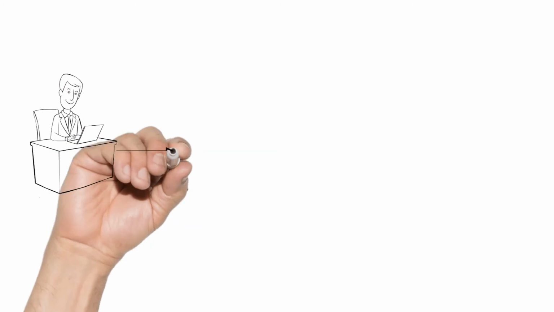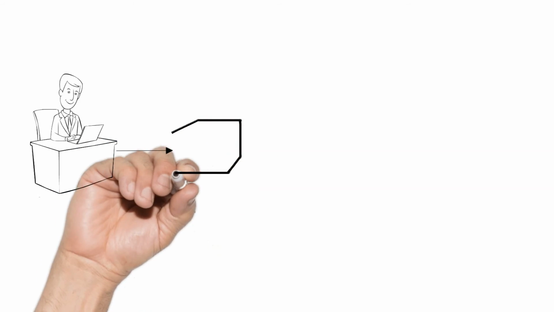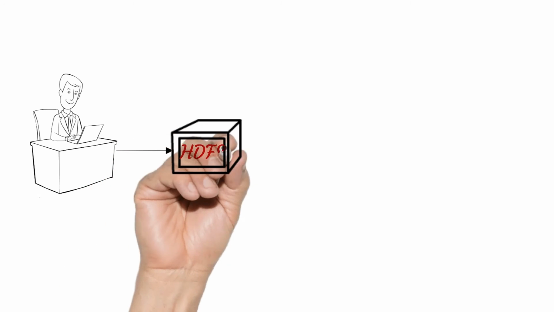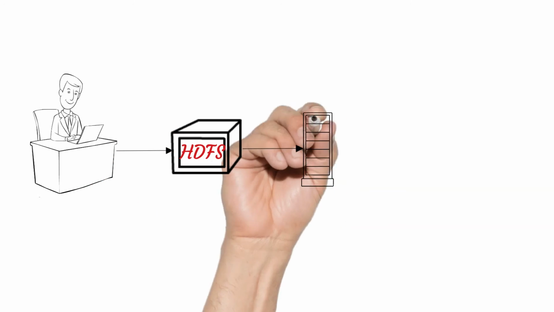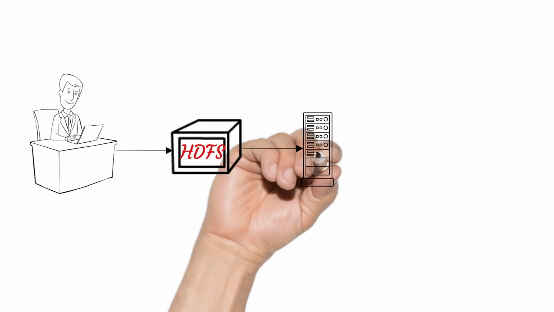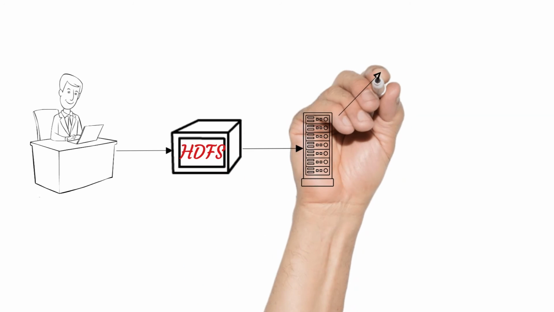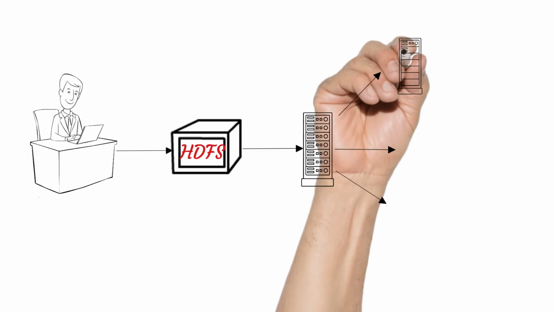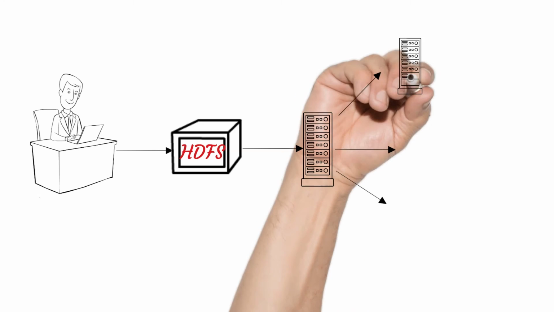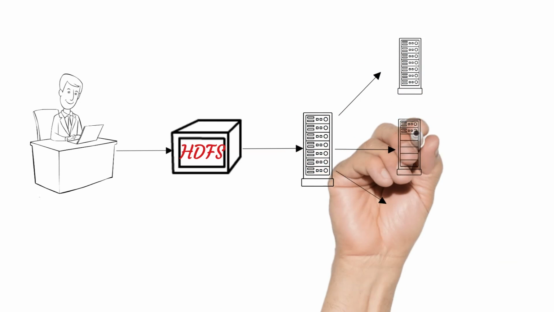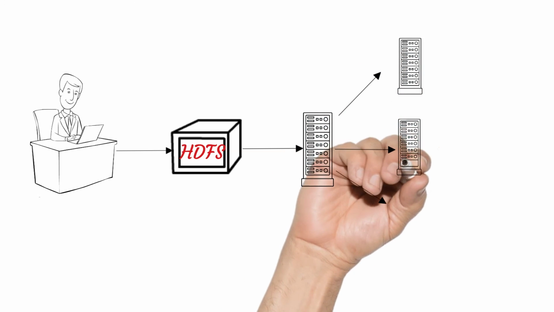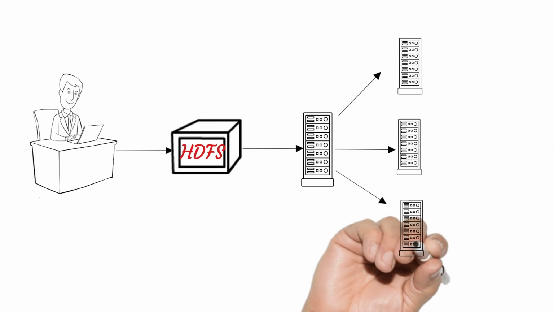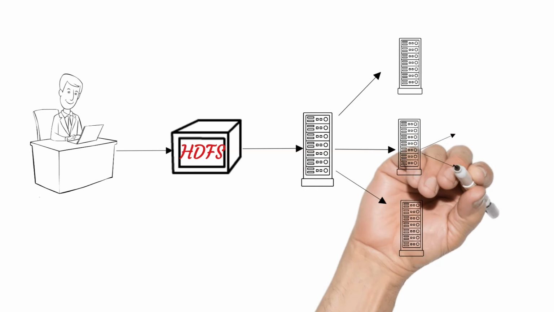So, in summary, we can say that Hadoop HDFS is a highly reliable, fault tolerant, and highly available storage system known to date. It follows the master-slave architecture, where the NameNode is the master node and the DataNode is the slave node. Also, HDFS splits the client's input file into blocks of size 128 MB, which we can configure as per our requirements.